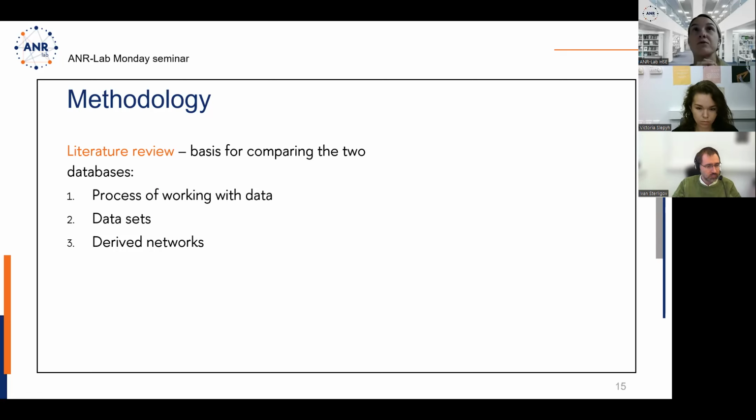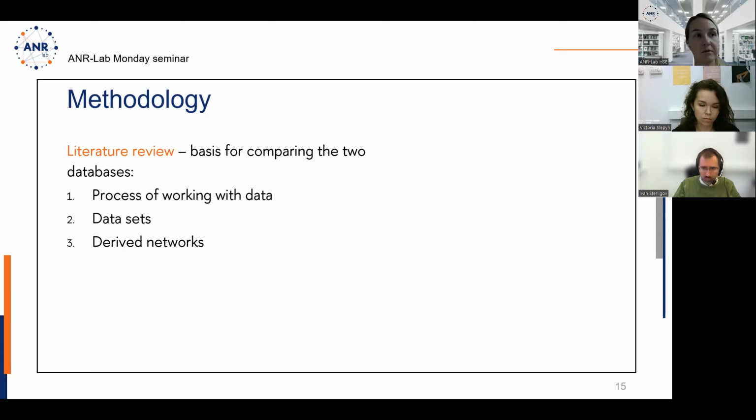Sorry, probably I was not precise enough. So for this second and third levels, usually the framework of such analysis would be that you collect the data sets from all the bibliographic databases that you compare.